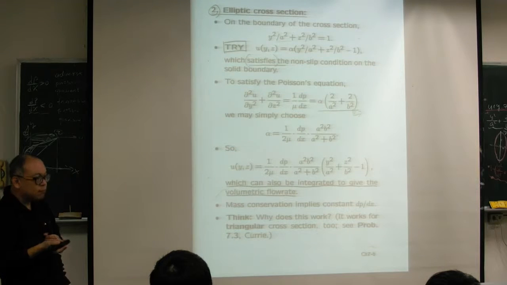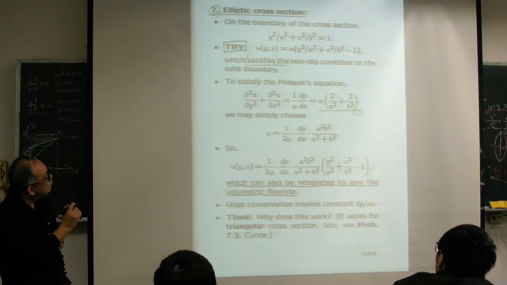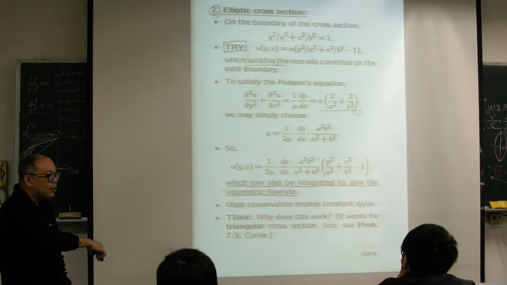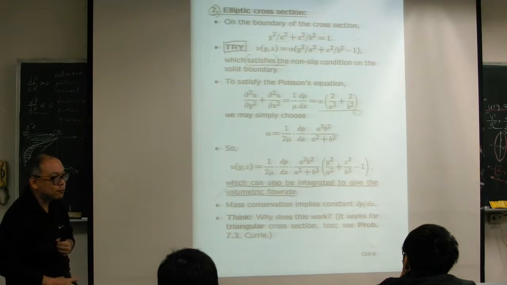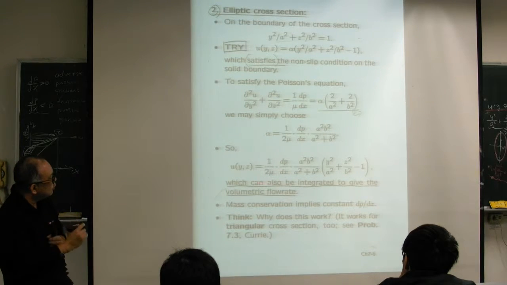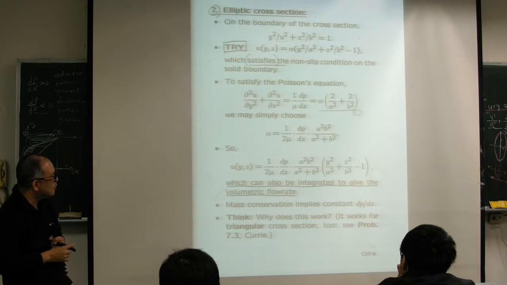If I set alpha like this and substitute into here, this formula can satisfy our governing equation as well as the boundary condition. So this is the solution we may have for the elliptic cross section. This is how we guessed it. This is the velocity distribution of the flow through an elliptic pipe at every y, z position in the pipe. So this is the elliptic cross section velocity profile.